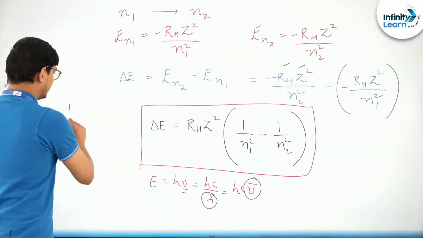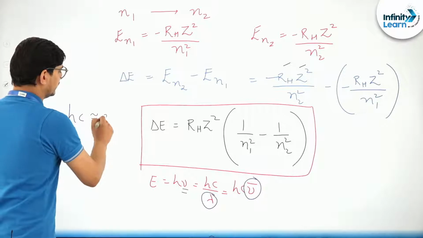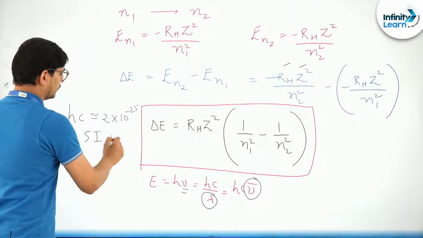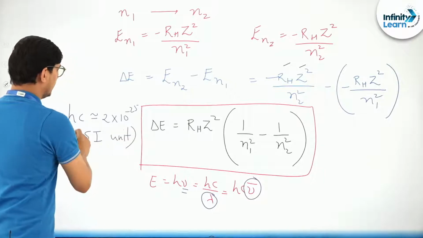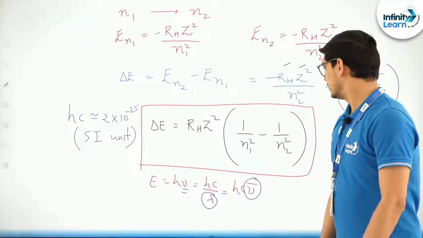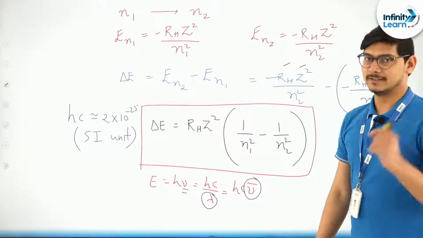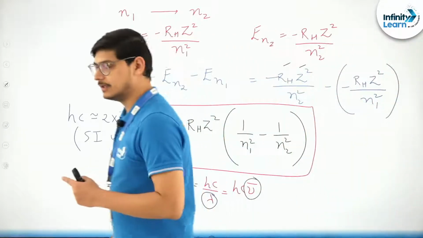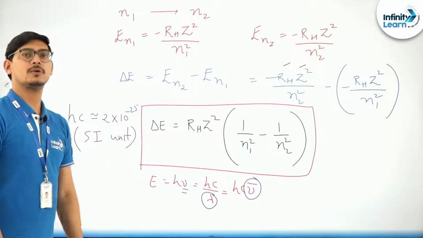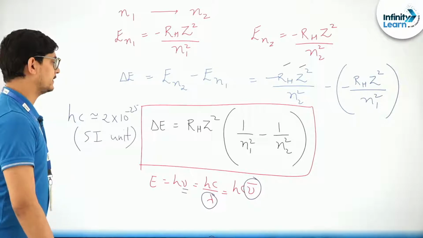The value of hc in SI units is approximately 2 into 10 to the minus 25. This I have also told before, it comes handy sometimes. In SI units, the value of hc is 2 into 10 to the minus 25. Is that clear guys? Okay, so I hope this part is clear, the energy change when an electron makes a transition from one orbit to another.